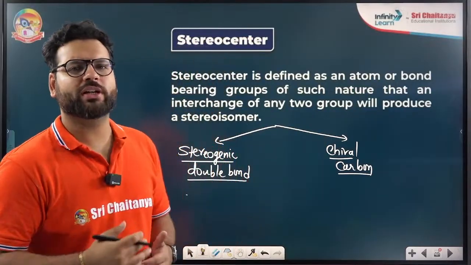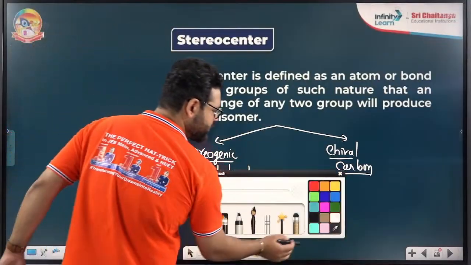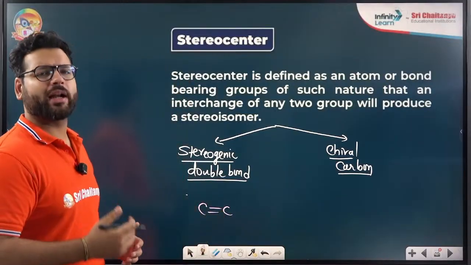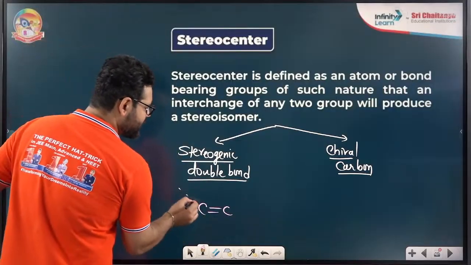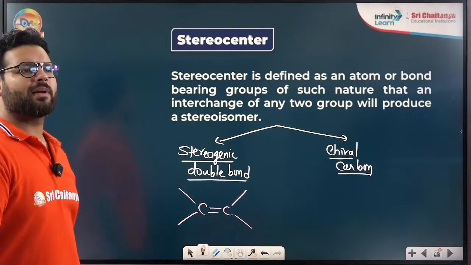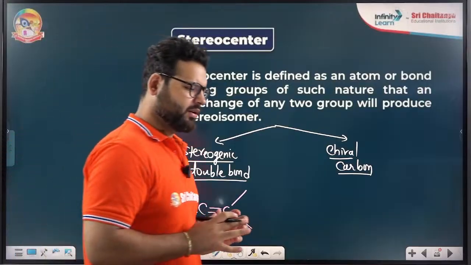So when you want to generate geometrical isomerism, you need a stereogenic double bond. What is a stereogenic double bond? A carbon double bond carbon, or a carbon double bond nitrogen. Many things can be there. A carbon double bond carbon which satisfies some conditions. The condition is simple.